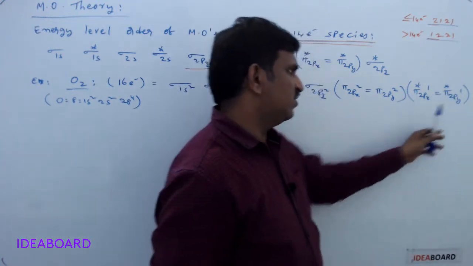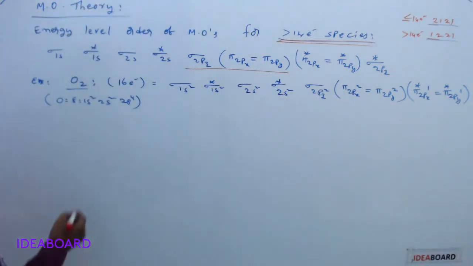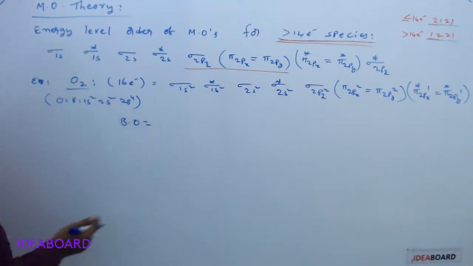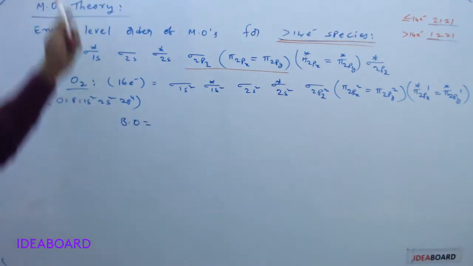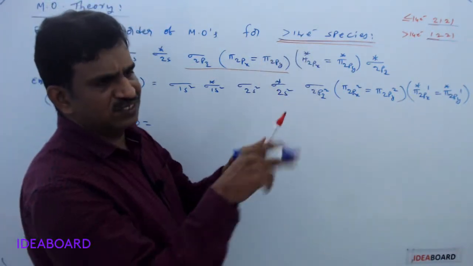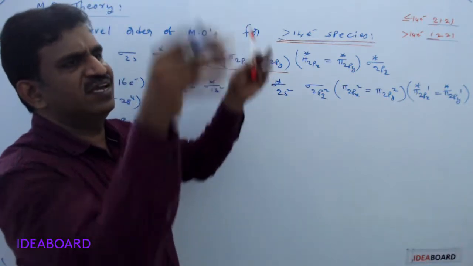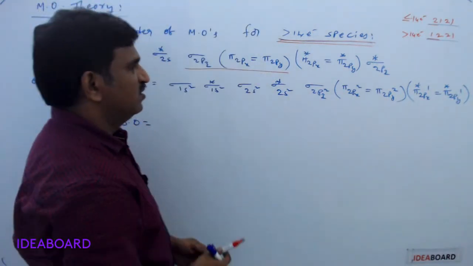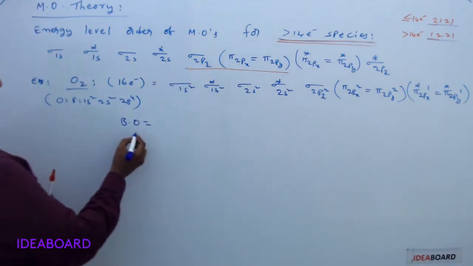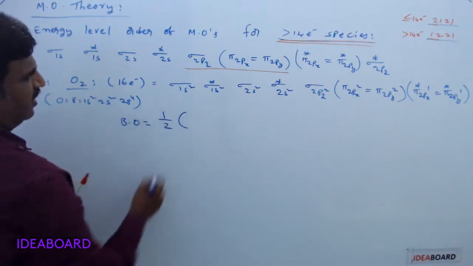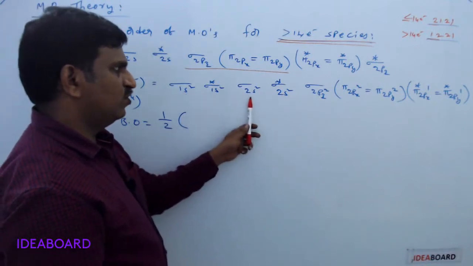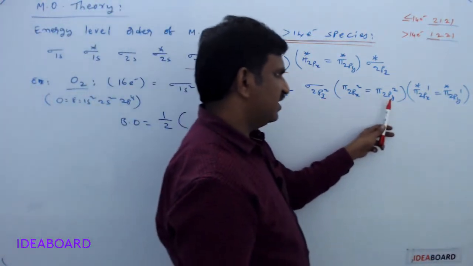So we have 16 electrons till this, and now we calculate the bond order. The bond order calculation diagram is the same as for nitrogen, but the only difference is 1 2 2 1. First you get sigma 2pz, then two boxes, again two boxes, again one box. That is the only difference between less than 14 and more than 14 electrons. Bond order is half into Nb minus Na. Bonding electrons: 2, 4, 6, 8, 10.